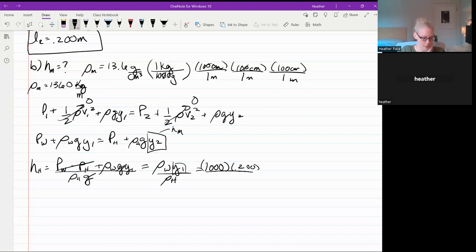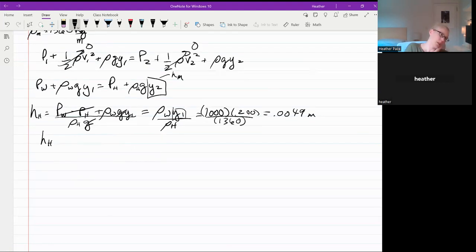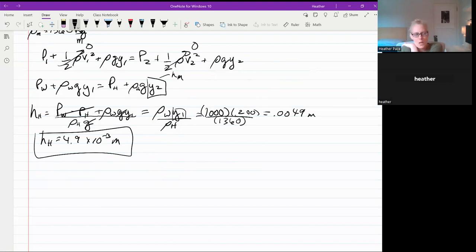All right, and if I use my calculator here, I get 0.0049 meters, or write it as 4.9 times 10 to the negative 3 meters. So that is the answer for B using Bernoulli's.